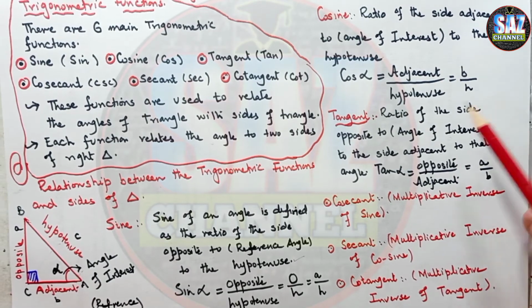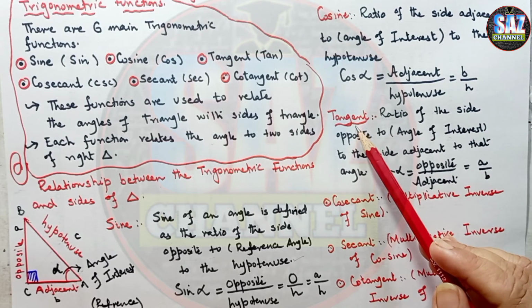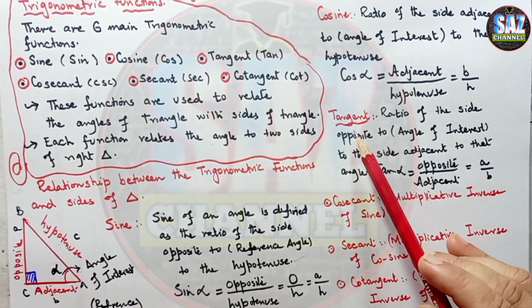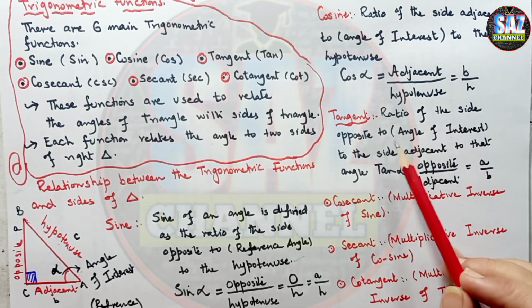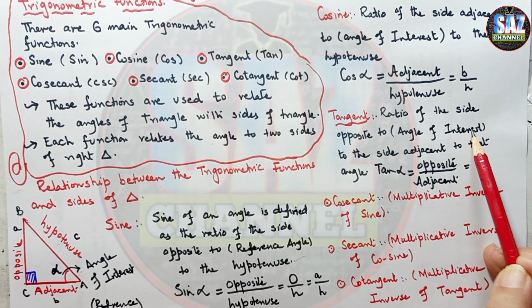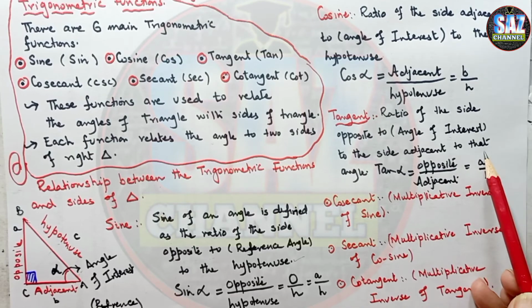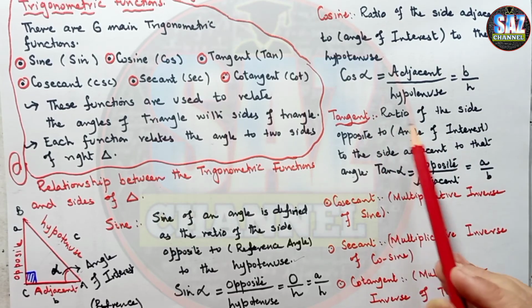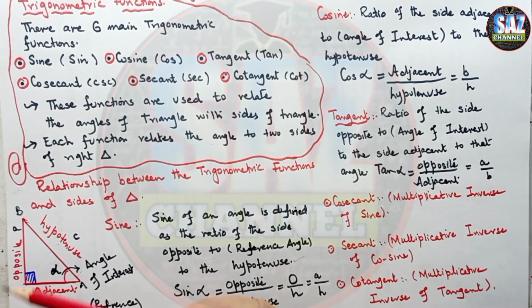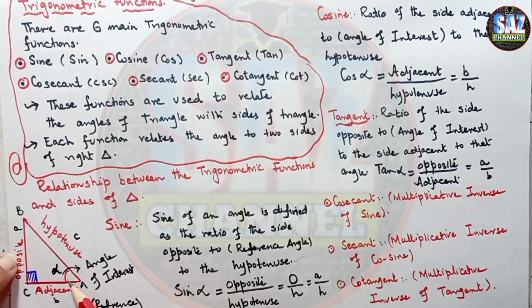Coming to the third trigonometric ratio, the tangent. Tangent is the ratio of the side opposite to the angle of interest to the side adjacent to that angle. So for the tangent, we have to involve the side opposite to this angle of interest upon the side adjacent to this angle of interest.